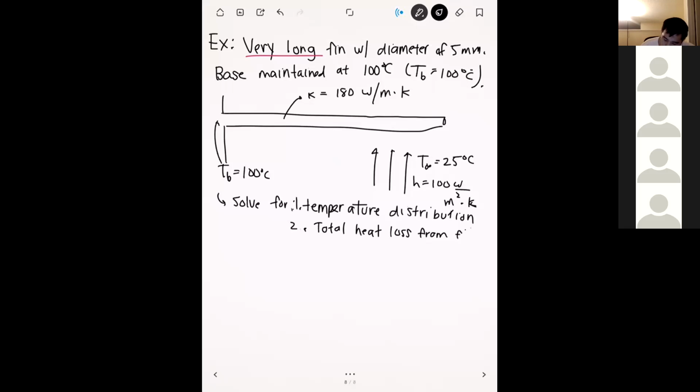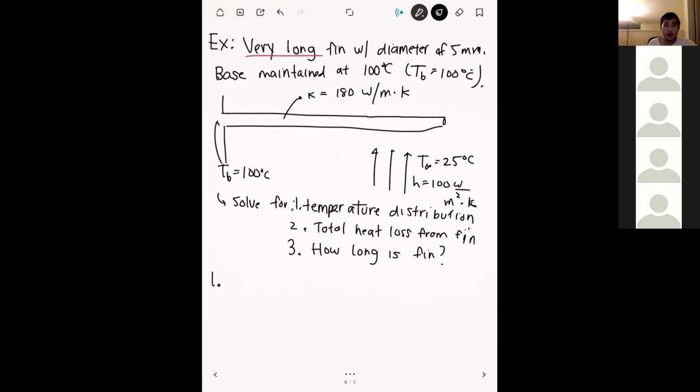And third, after we solve those, we'll be able to solve for how long the fin is. Let's start with number 1.